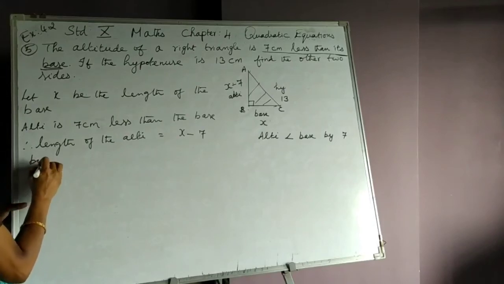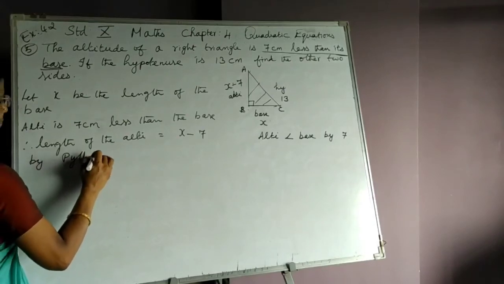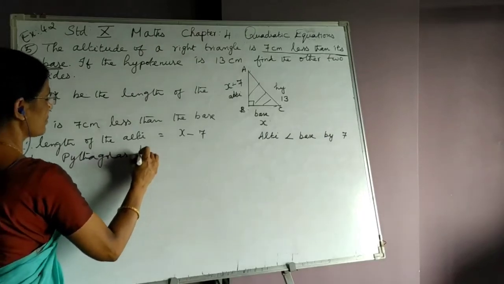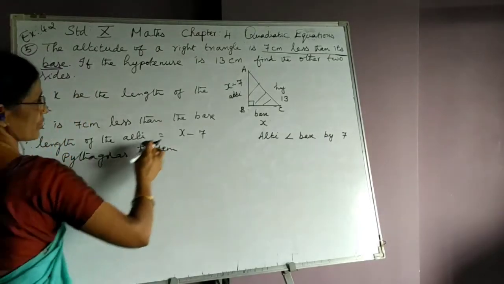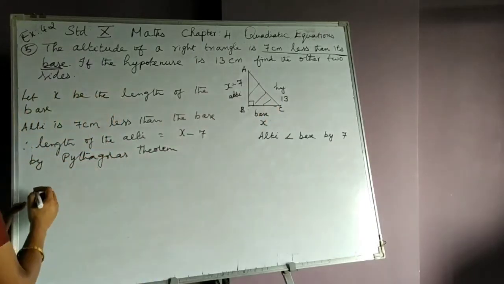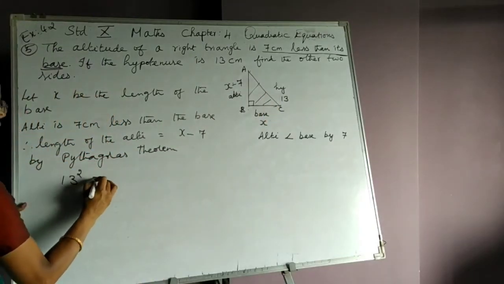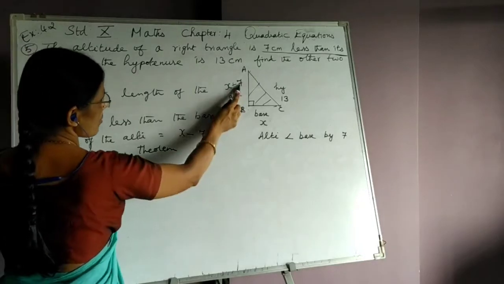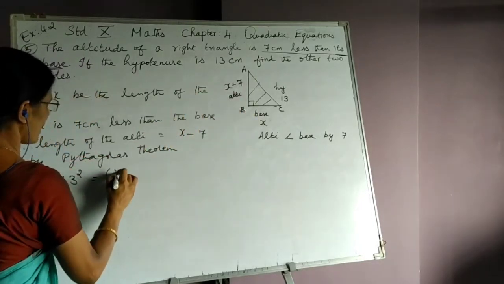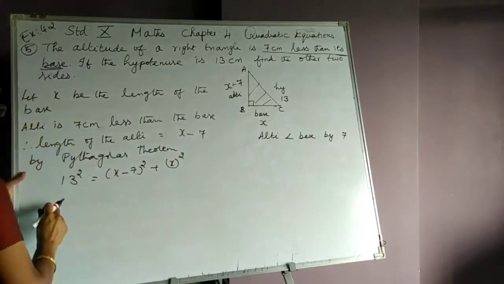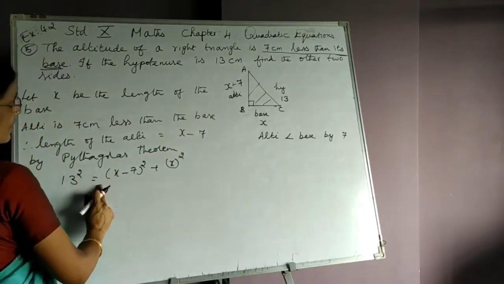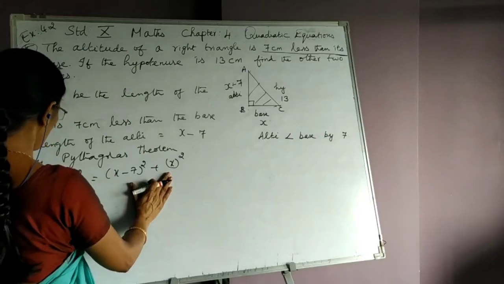Therefore, we can apply Pythagoras result. So, by Pythagoras theorem, we know the square of the hypotenuse. Which is the hypotenuse here? AC. What is the length of AC? 13 square, equal to the sum of the squares of these two: x minus 7 the whole square plus x square. Square of the hypotenuse equals sum of the squares of the remaining two sides.